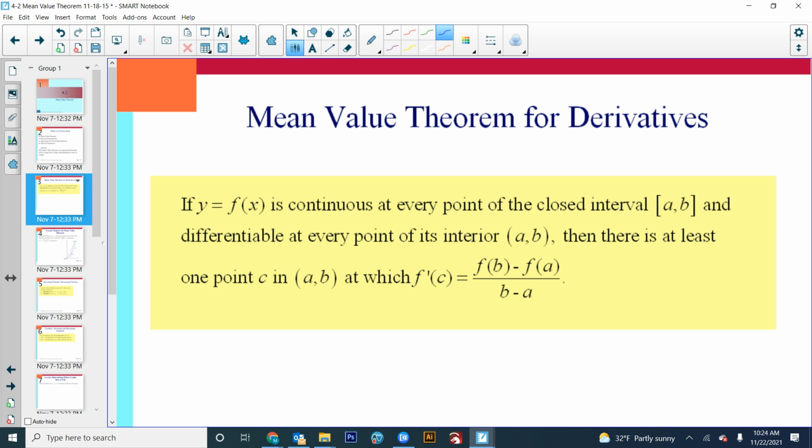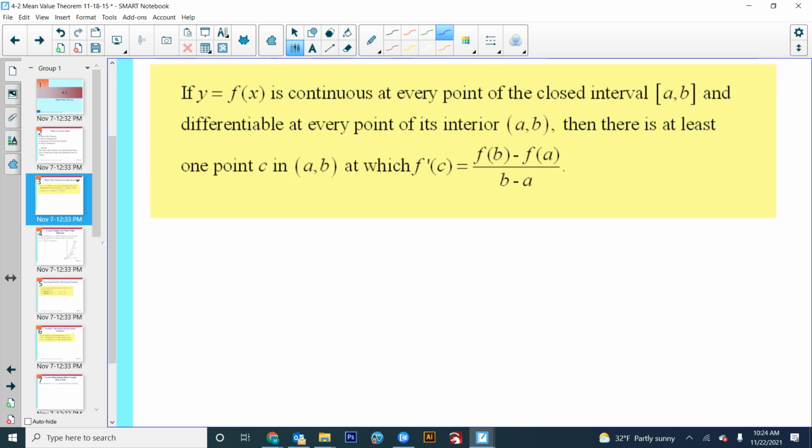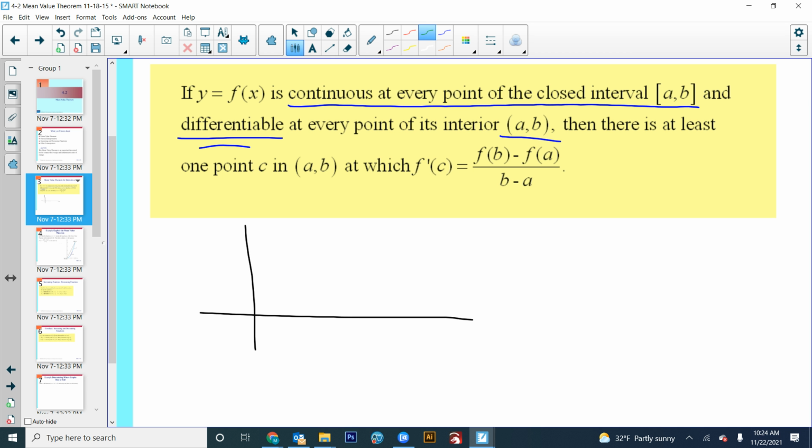So we got f of x, and it's a continuous function. It's continuous at every point of [A, B] and differentiable at every point in the open interval (A, B). So we've got an A, f of A. We've got a B, f of B. Nothing's guaranteed about whether f of A or f of B is higher than the other, or vice versa.